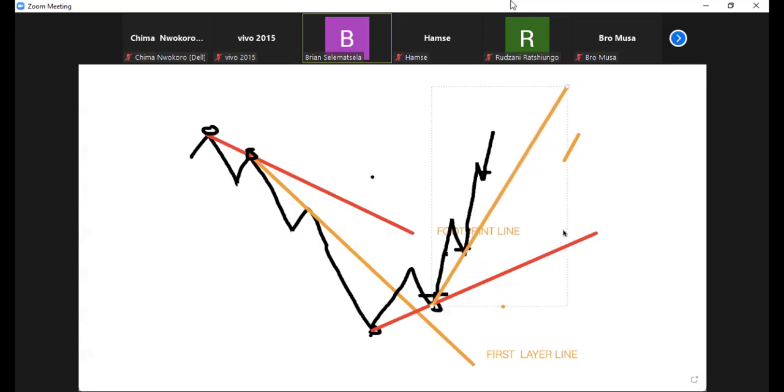Those of you who don't know what is happening here, we take our profits when the market breaks the first layer.